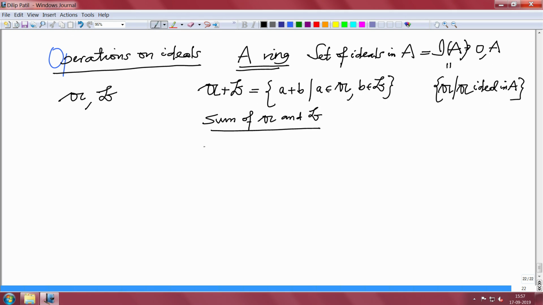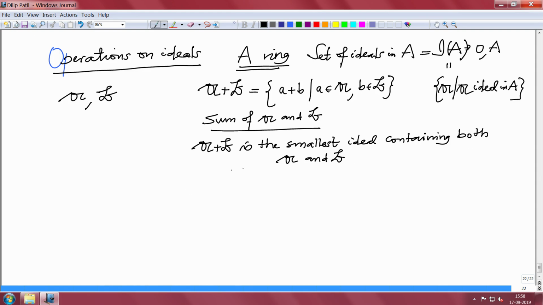So A plus B is the smallest ideal containing both A and B.